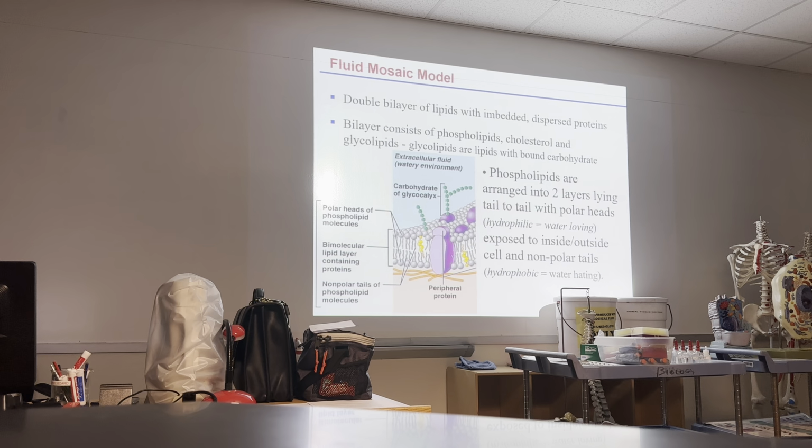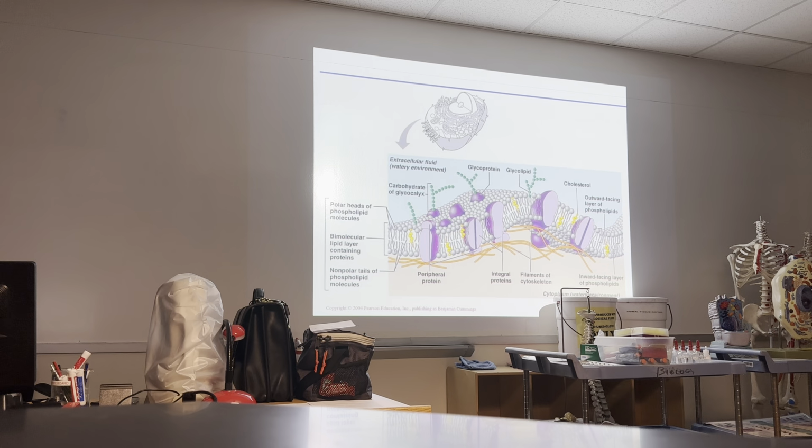Phospholipids are layered in two layered lines. They get the glycerol head, and you get the fatty chain, the hydrophilic and hydrophobic. So you got all these heads that are hydrophilic, inside and out, and then you got these fatty chain tails here. Here, this is a nice illustration of different components in the membrane.